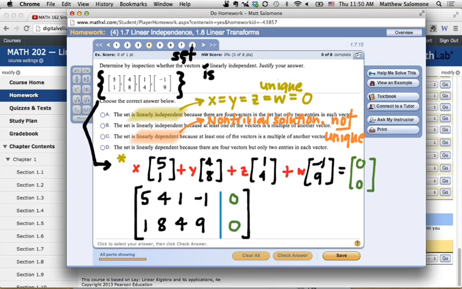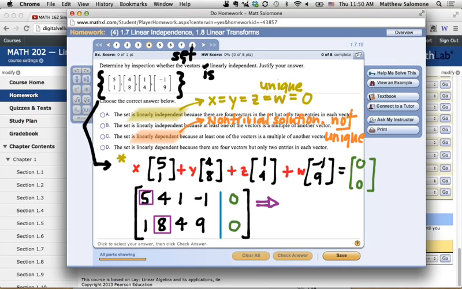There could be 1, but there's definitely not any more than 2, because we can't have more than 1 in a given row. So if there's only 2 pivots, and maybe they're at these positions, I don't know, we would have to actually do the row reduction to figure out where they were. But if there's only 2 pivots, what does that imply about this system? Why does that imply it has to have a non-trivial solution?